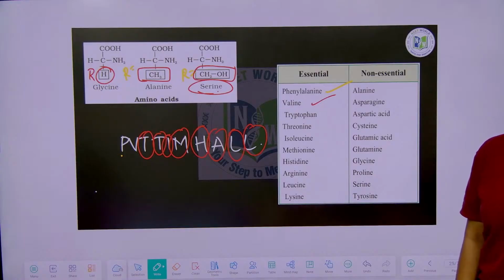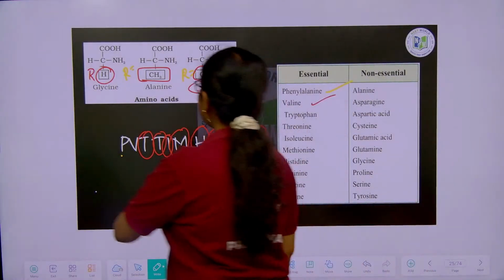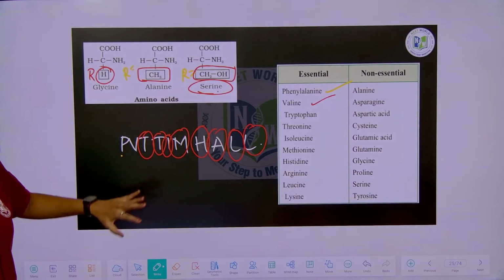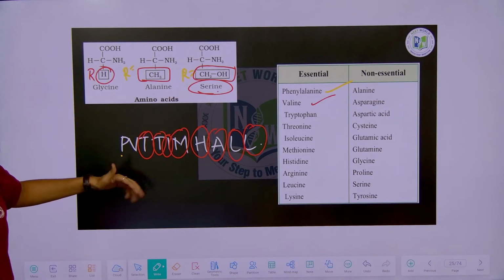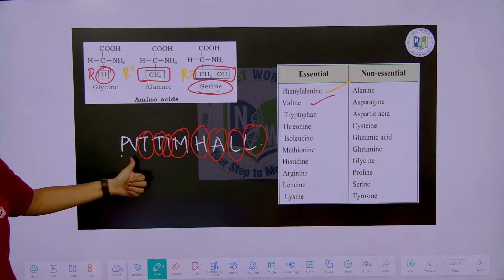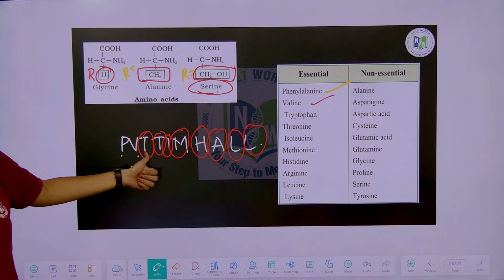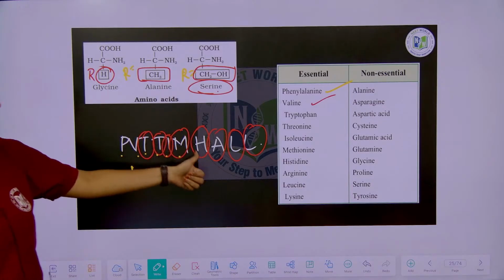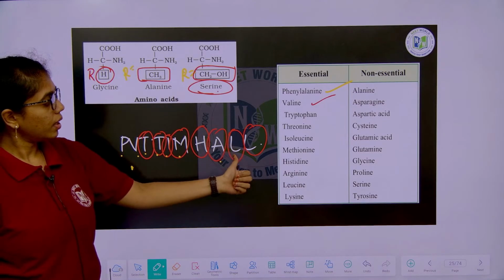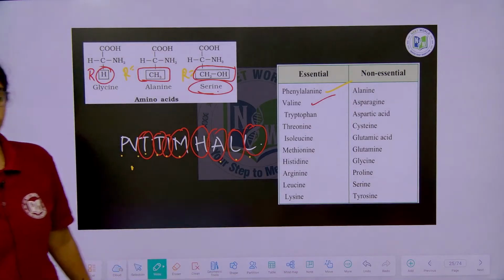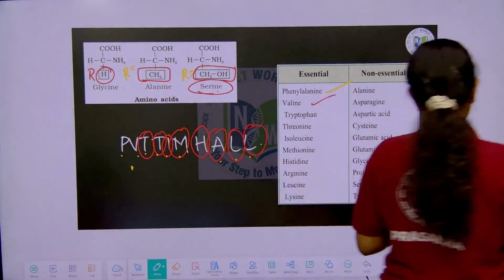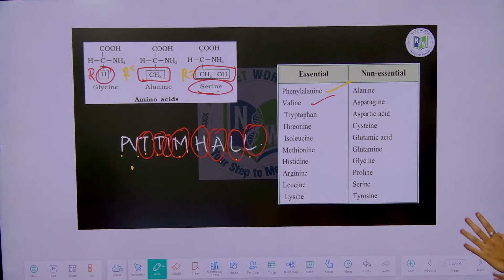Private Tim Hall. You just remember this for essential amino acids. Okay. So just repeat what the essential amino acids are. Phenylalanine, valine, tryptophan, threonine, isoleucine, methionine, histidine, arginine, leucine, lysine. That's all. Okay. So this is about essential amino acids and the rest are non-essential amino acids.